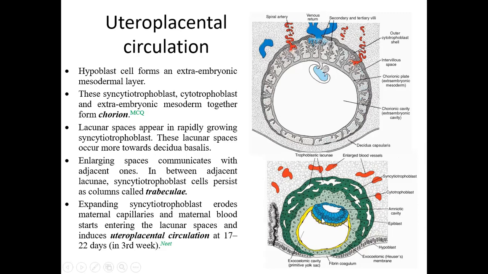So in the third week our uteroplacental circulation has been established by erosion of the maternal capillaries by encroaching syncytiotrophoblast.